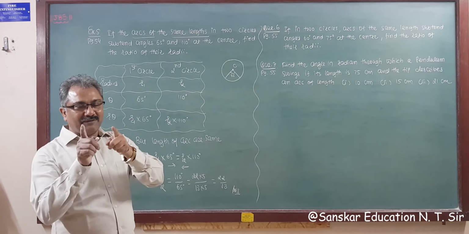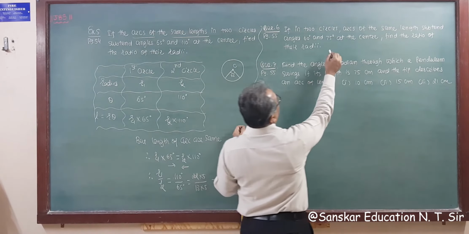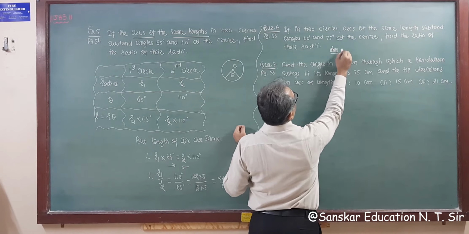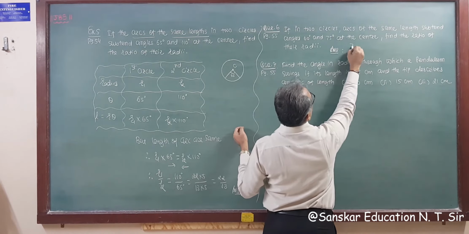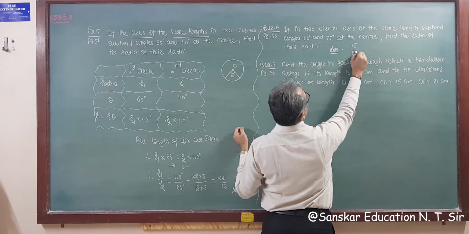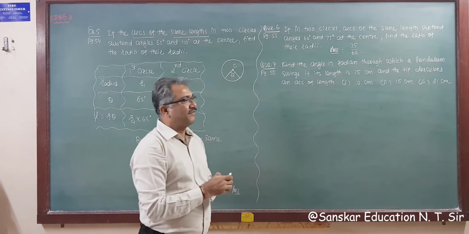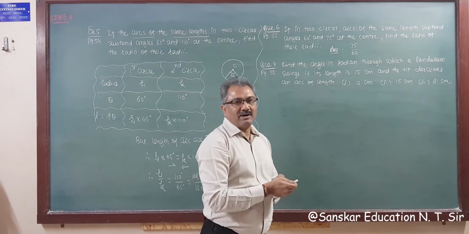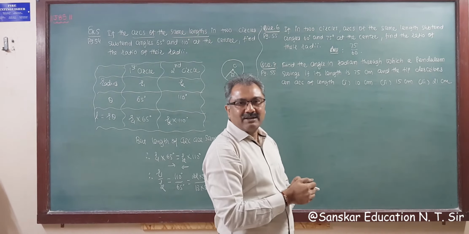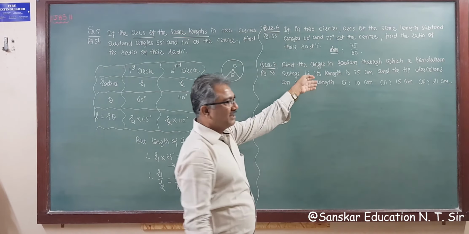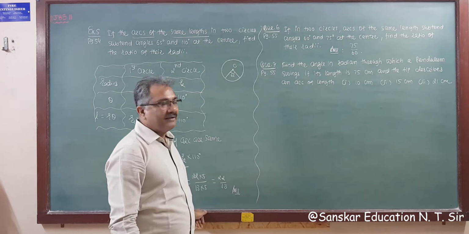I am writing directly for MCQ purposes. The answer will be the angle of the second circle, 75, divided by 60, so 15 fives are 75 and 12 fives are 60. You will get the answer very easily, directly from this.